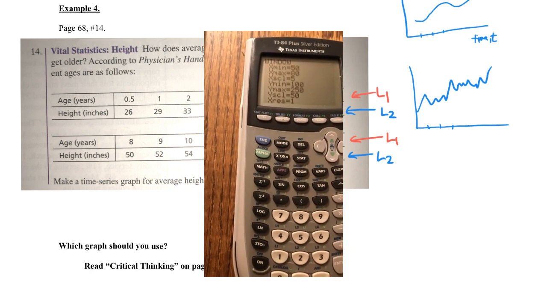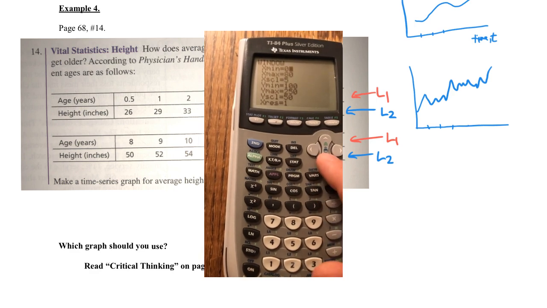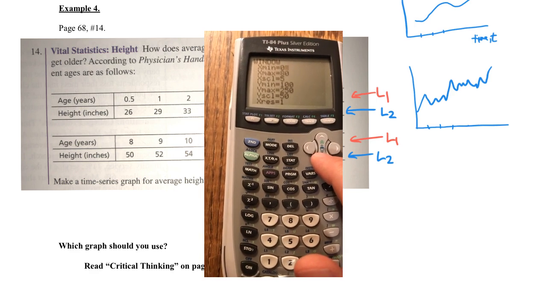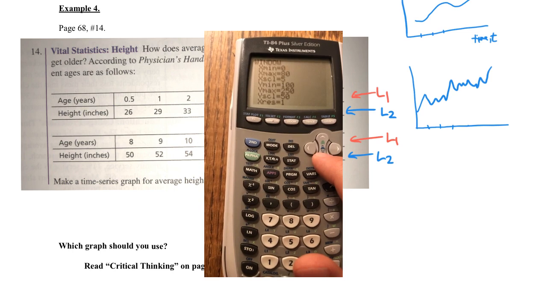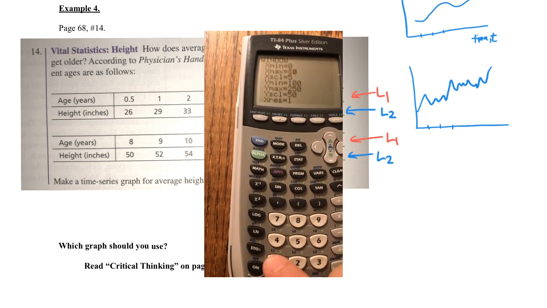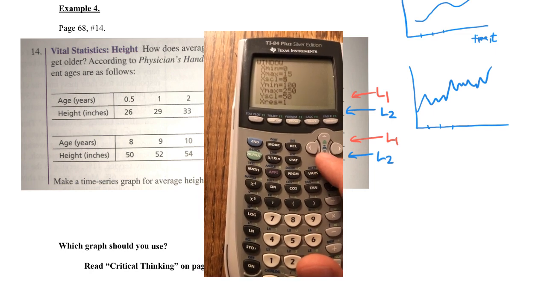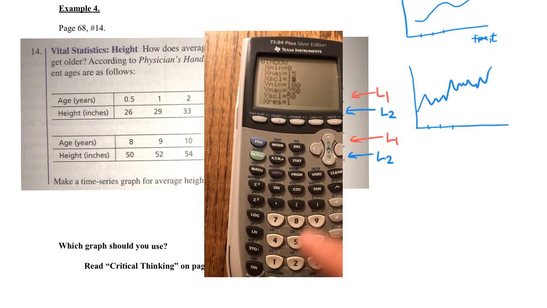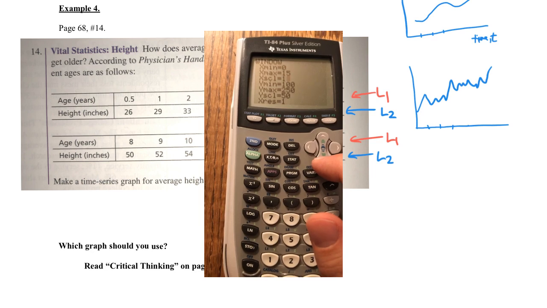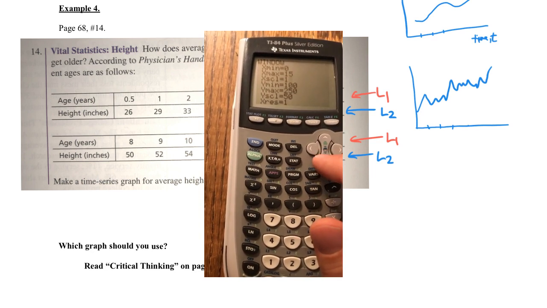So just to make it simple, I'm going to go 0 to 15, just to make sure I cover everything. And then the X scale means how often do you want to put a tick mark. I'm going to put a tick mark every 1 unit. So it'll show marks at 1, 2, 3, 4, and so forth.